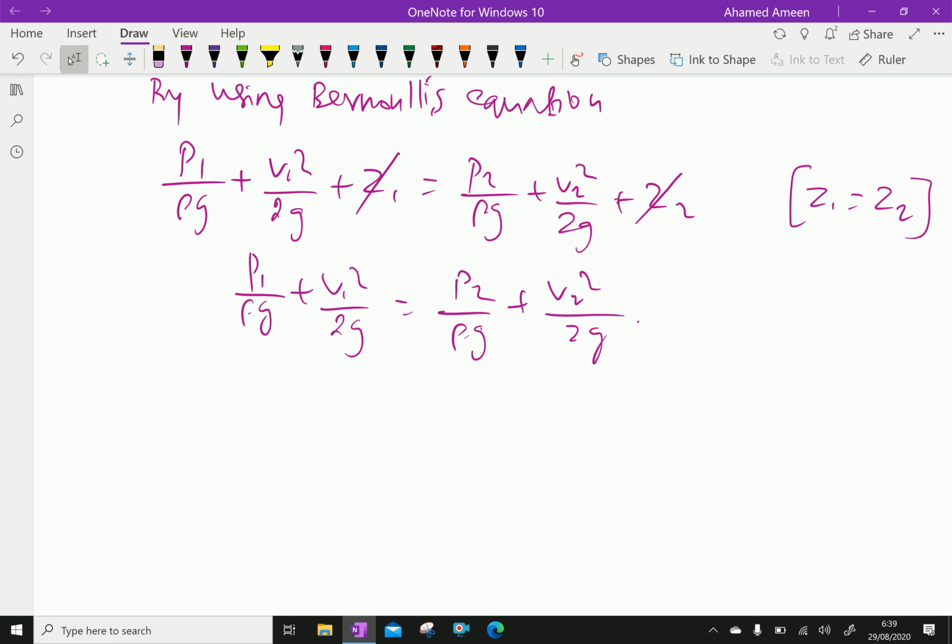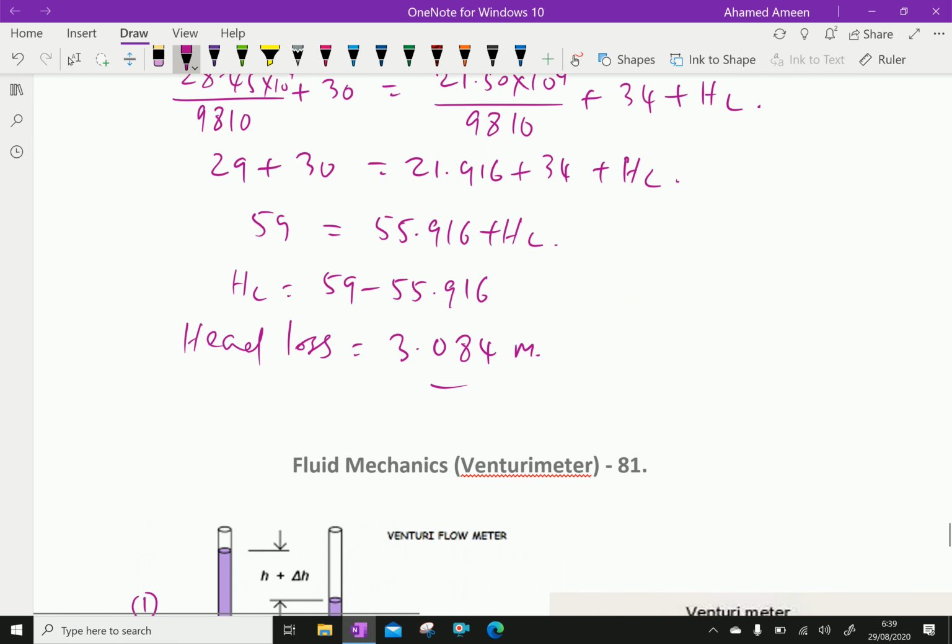From that we can write P1 minus P2 by rho g equals V2 squared by 2g minus V1 squared by 2g.